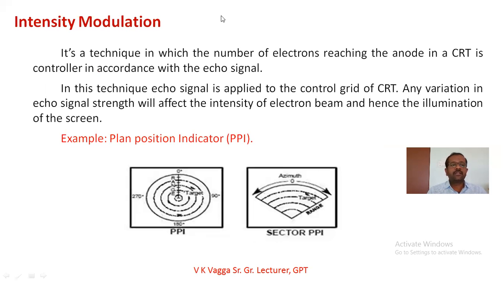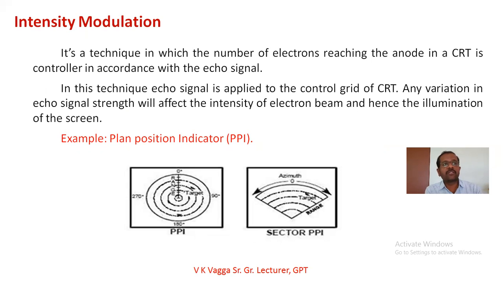And if you take the intensity modulation, it's a technique in which the number of electrons reaching the anode in a CRT is controlled in accordance with the echo signal. In this technique, the echo signal is applied to the control grid of the CRT, and any variation in the echo signal strength will affect the intensity of the electron beam and the illumination of the screen.